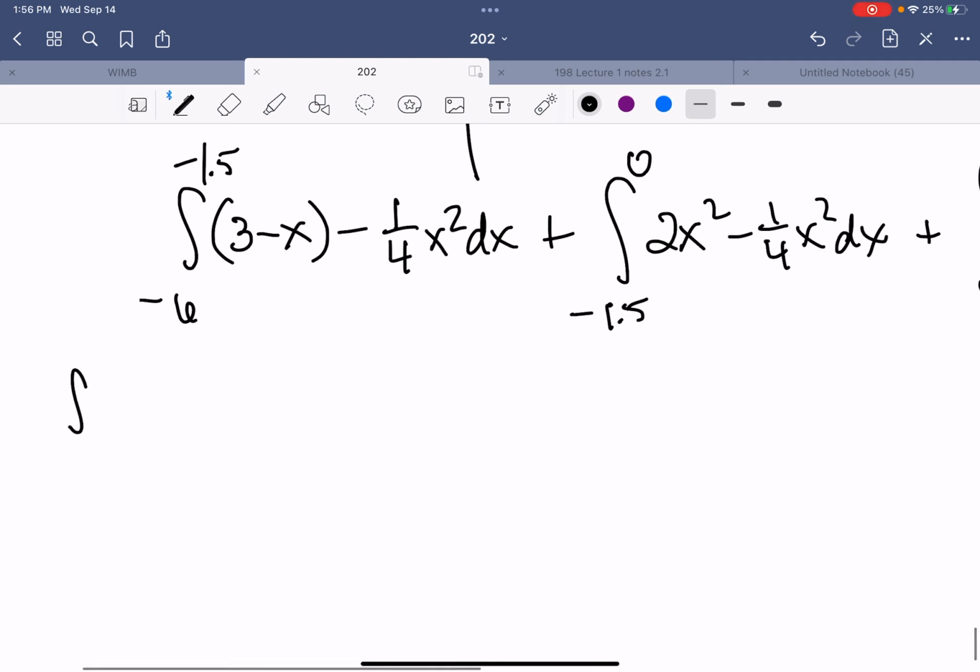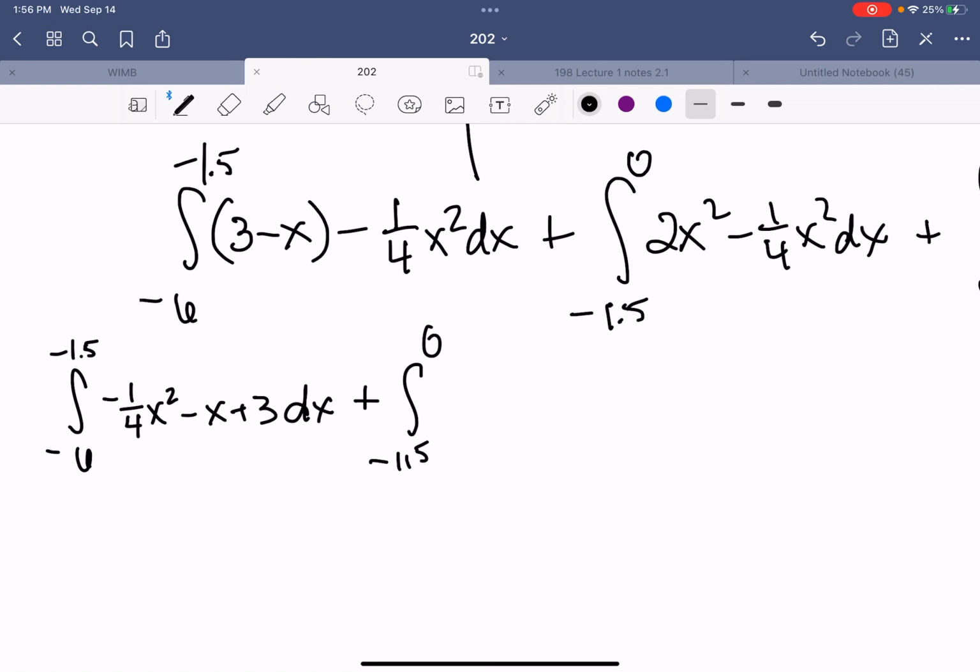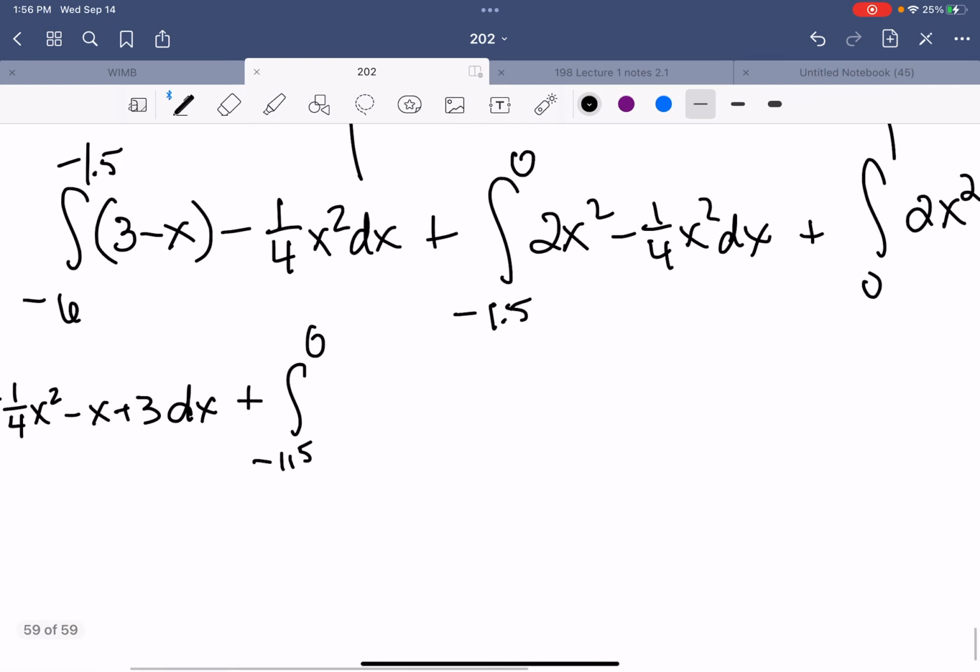So this is the integral from -6 to -1.5. And there's nothing to combine here, but I have -1/4 x squared minus x plus 3 dx. Then I have the integral from -1.5 to 0. And these I can combine, so 2 minus 1/4, that would be 8/4 minus 1/4 is 7/4 x squared.